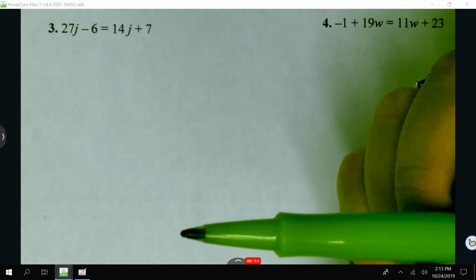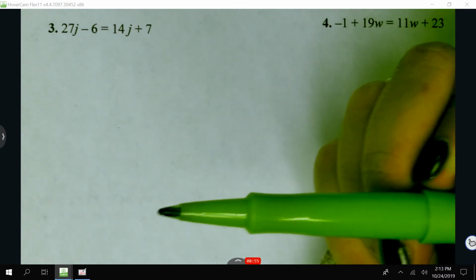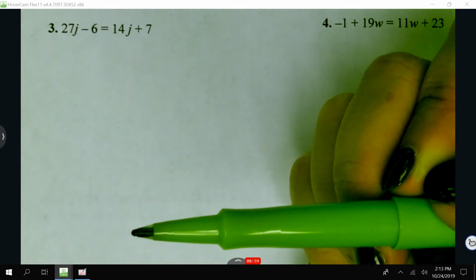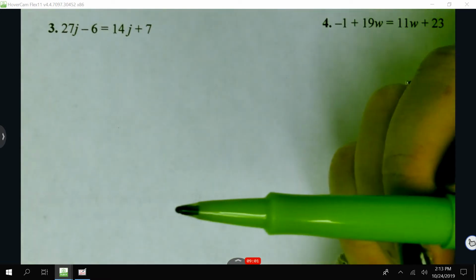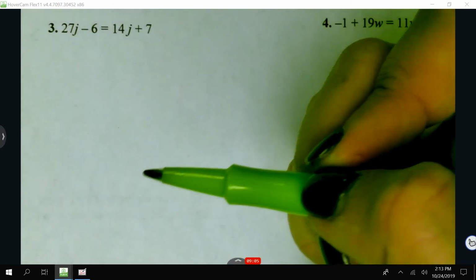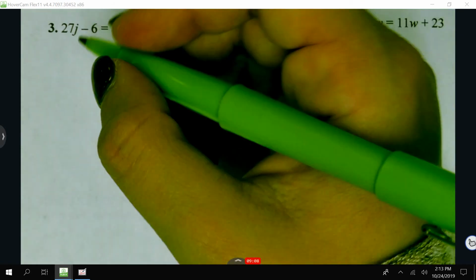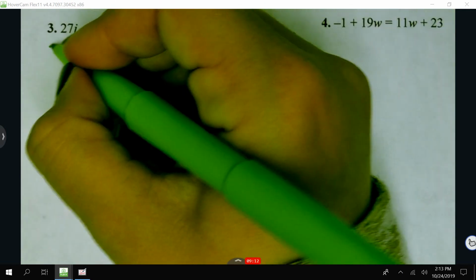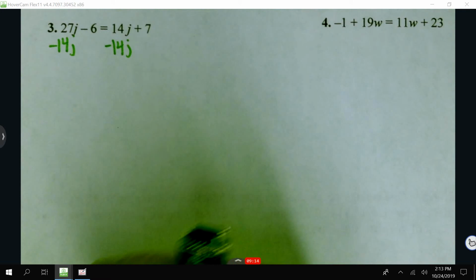It doesn't matter if I have a negative number, but a lot of us make mistakes when there's negatives involved, right? So if you can keep a positive number, that's why we prefer to move this 14 over, because it keeps everything positive. You still would get the same exact answer if you subtracted 27J from both sides. You would just have a negative that you're dealing with.